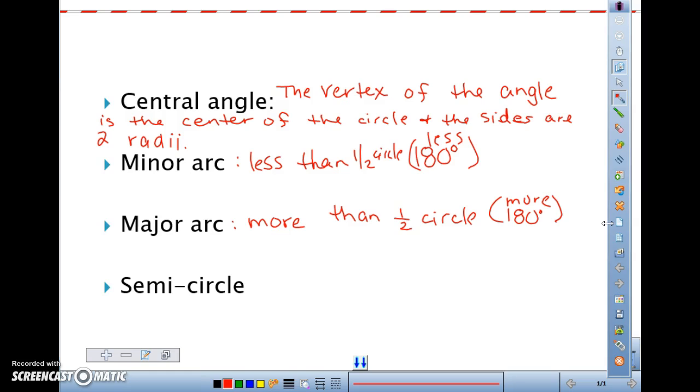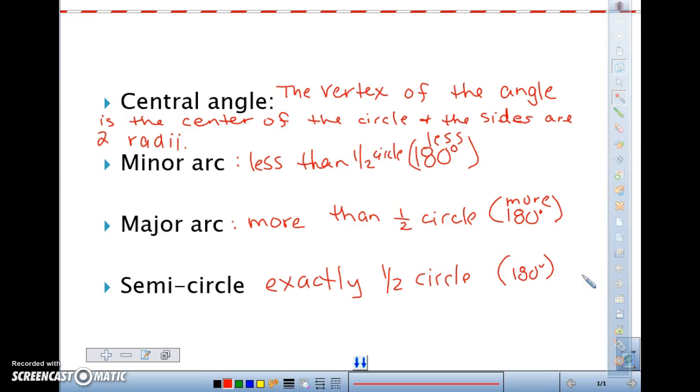Okay, and so if this is less than 180, this is more than 180. A semicircle is exactly 180 degrees, so exactly half of the circle. And we're going to label these on the diagram that you have below on your sheet.